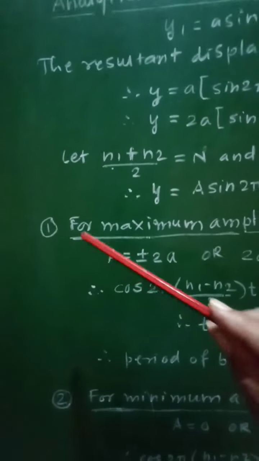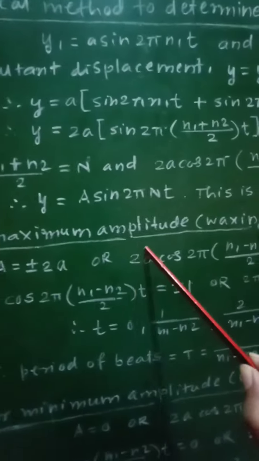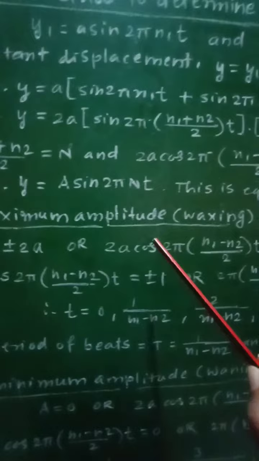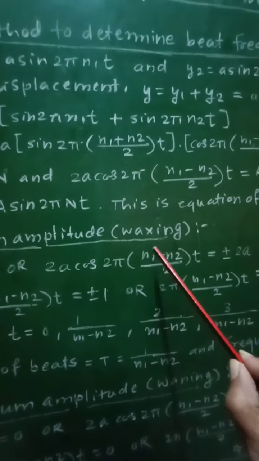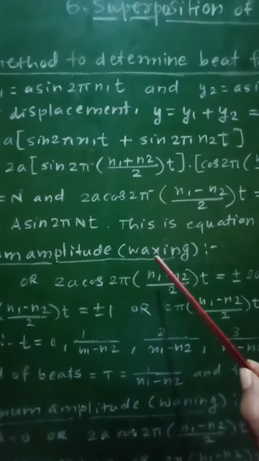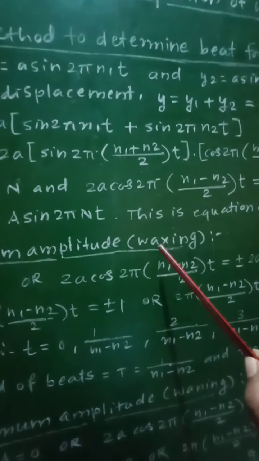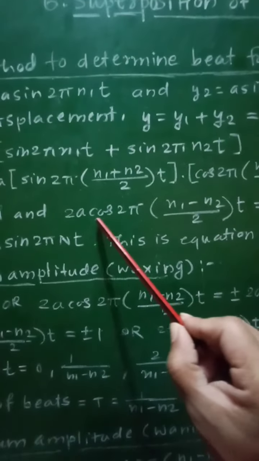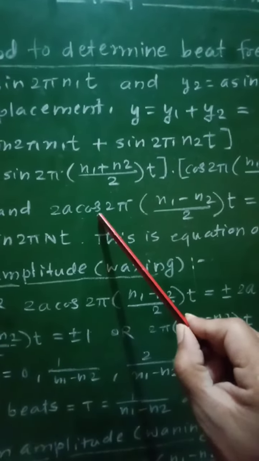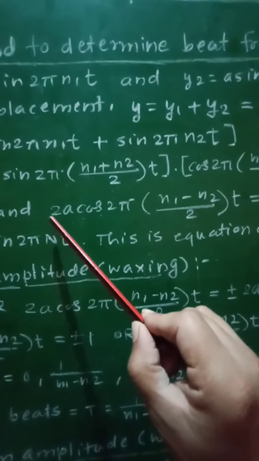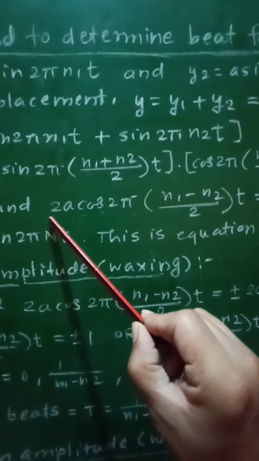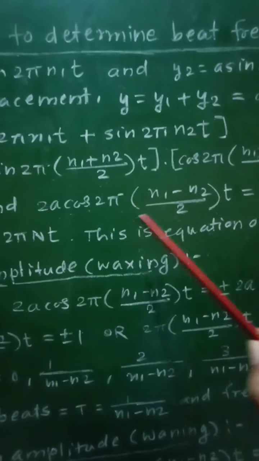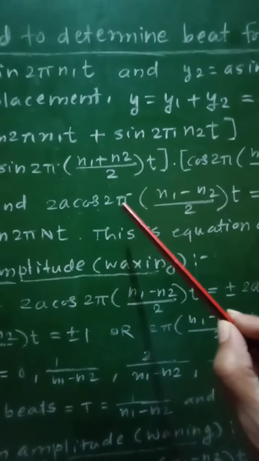So let us see first the maximum amplitude of that resultant wave, that is, for waxing. As amplitude A is maximum, from this relation this term will have its maximum value, which will be equal to plus or minus 2a, because cos of this angle may be either plus 1 or minus 1.